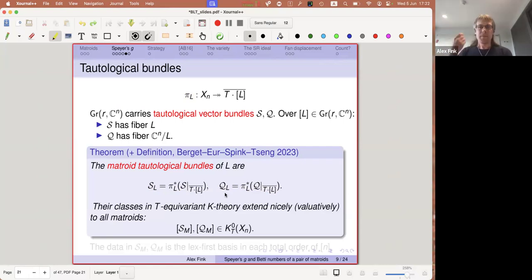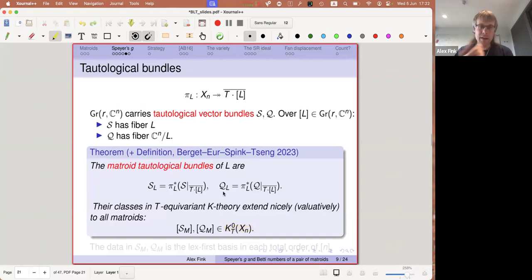It turns out that this association is valuative, or at least extends to a valuative function defined on all matroids. So I have an element of this torus equivariant K ring defined for every matroid called S sub M, and an element called Q sub M, that agree with S sub L and Q sub L in the case that M is representable.